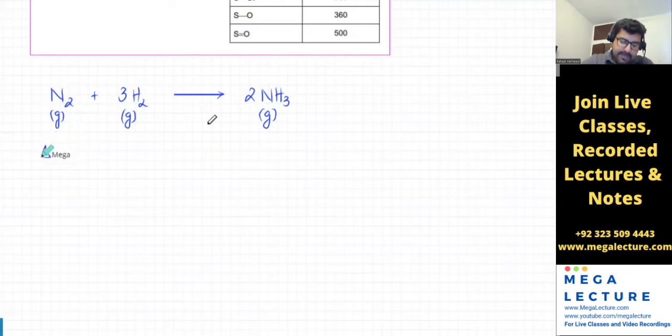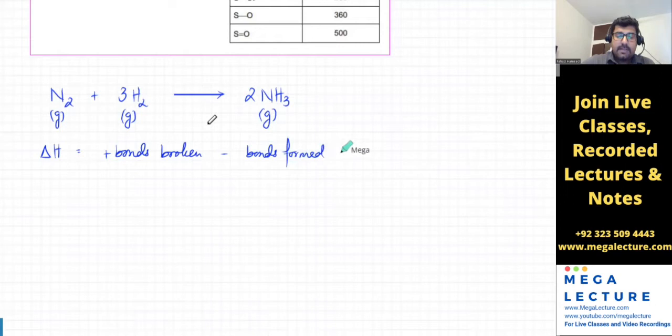So starting with the first part, how do you calculate this? Enthalpy change equals bonds broken, which is endothermic, minus bonds that are formed, and that's exothermic. So that's why you've got a negative sign.